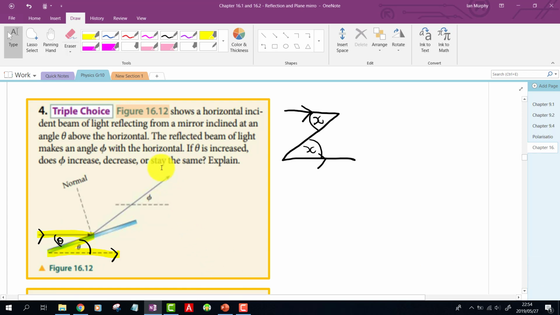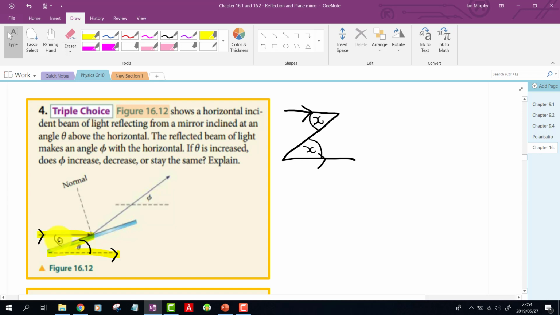The question says, if theta is increased, so if this angle increases, what happens to that angle right there? This dotted line looks similar to the one at the bottom, so it also represents the horizontal. That's important when we look at the answer at the end. We know this angle and that angle are the same. If this angle increases, that angle will increase.